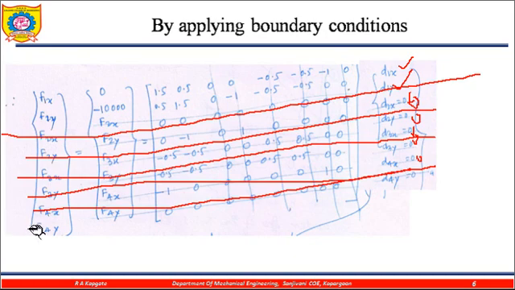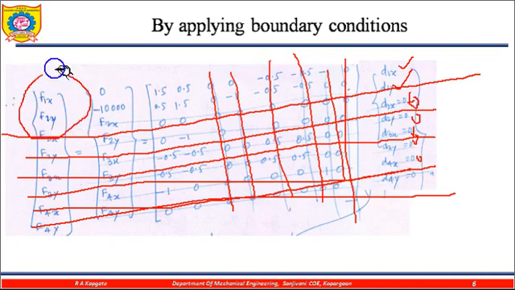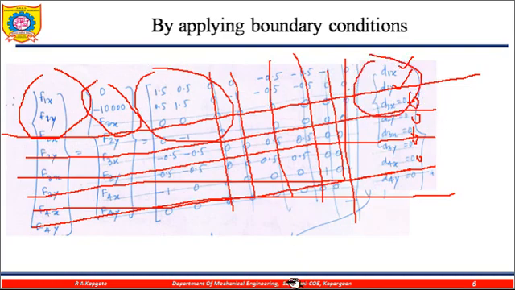These terms have been cancelled, and at the same time these terms are also cancelled. All rows and columns have been cancelled. Hence the only remaining things are this matrix and this matrix.